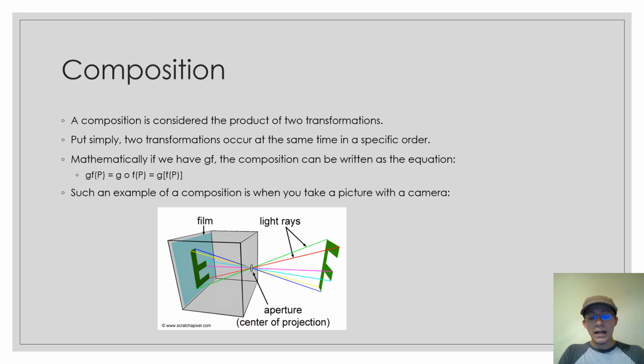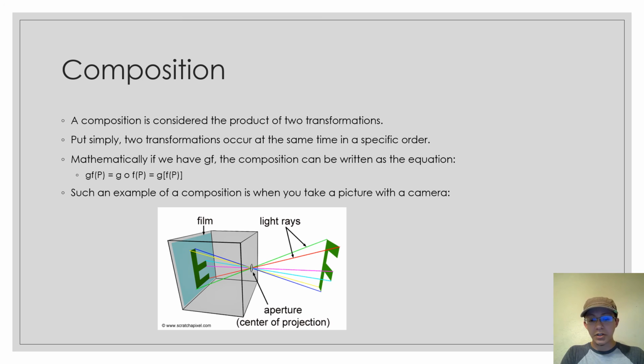One of the last things talked about in the chapter is the idea of a composition. It's essentially the product of two different transformations, whether it's a rotation and a reflection, or a reflection and a rotation, in whichever order, where one happens and then another happens immediately, similarly to a camera.